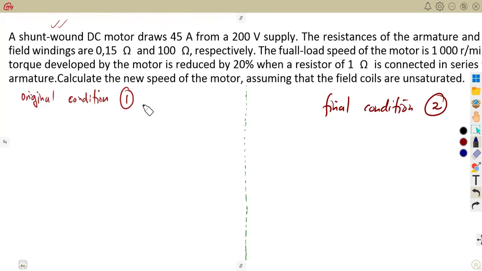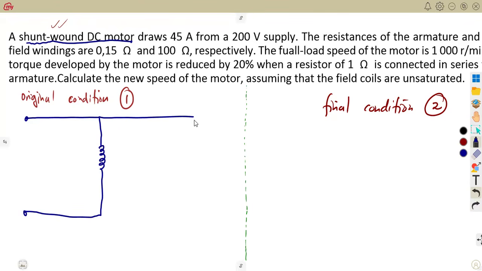The original condition, we are given that it's a shunt wound DC motor. So you have to consider a shunt wound. Remember, a shunt wound, as you are used to, you're going to have your sketch. This is the shunt parallel connection as we are used to, and we're going to have the part of our armature.